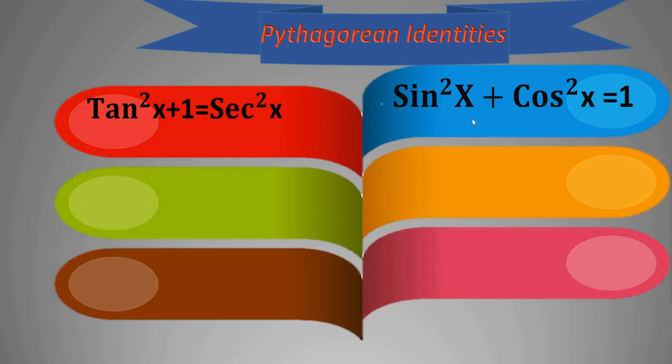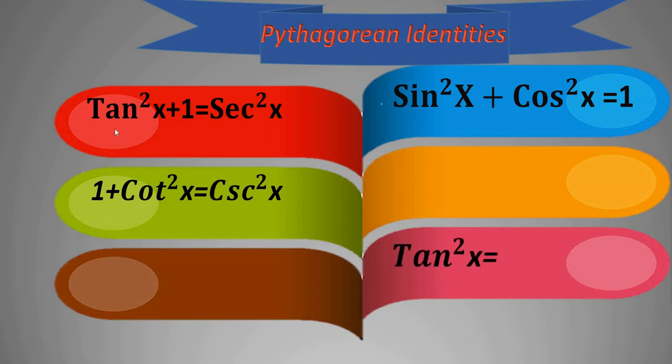But if we divide both sides of the basic equation by sine power 2, we get this equation: 1 plus cotangent power 2x equals cosec power 2x. Tan power 2x, if 1 goes to the right hand side with opposite sign, gives me tan power 2x equals sec power 2x minus 1.